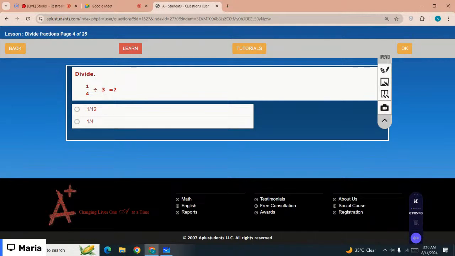Which is the correct option? That is 1 over 12. Option number 1 is the correct option.